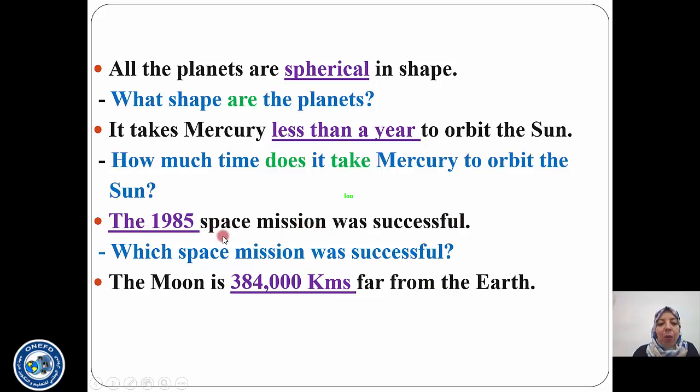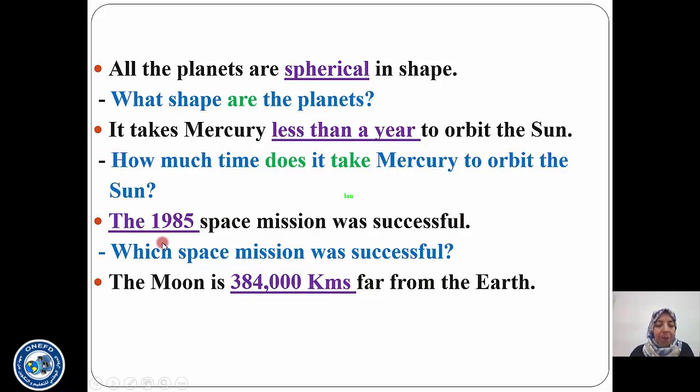If the underlined words were the 1985 space mission, all of this, in that case you would say what was successful, because the underlined words are the subject, but it's not the case in this example.